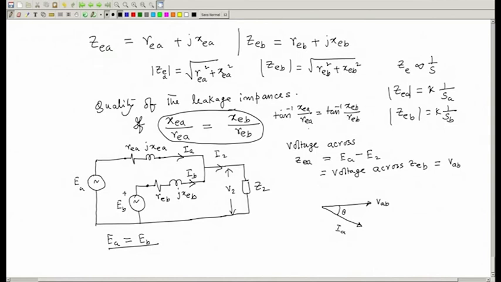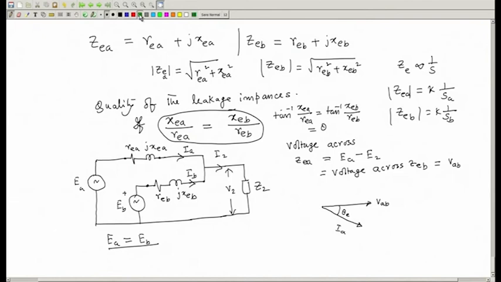Let it be theta E, some equivalent impedance power factor angle. It will be IA. And similarly, IB will also be lagging VAB by the same angle theta E under this condition.